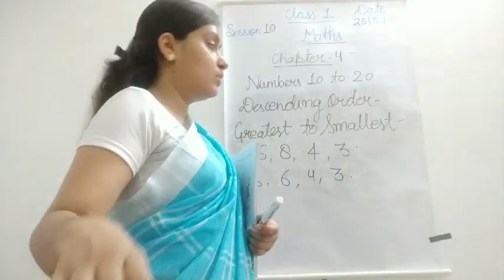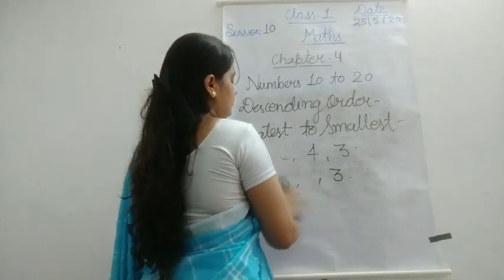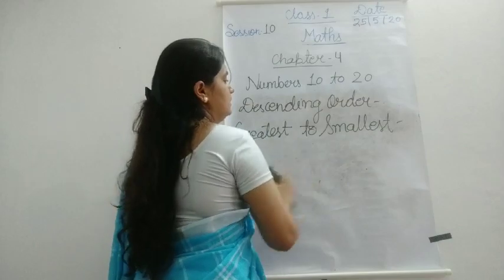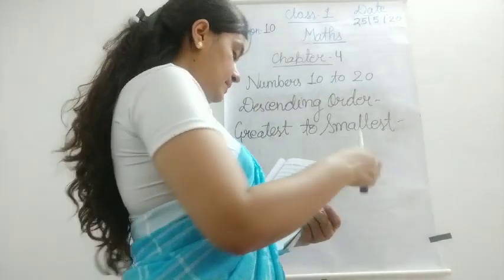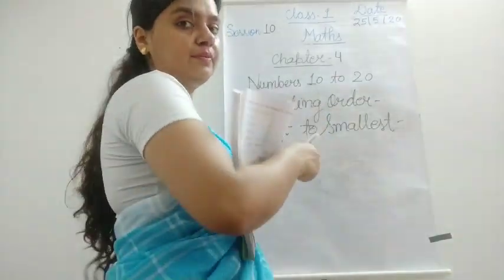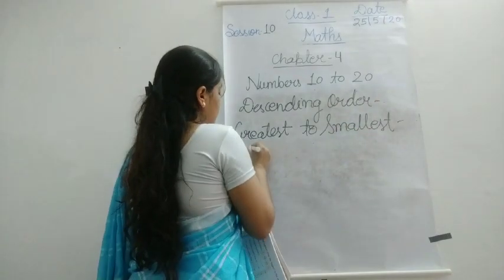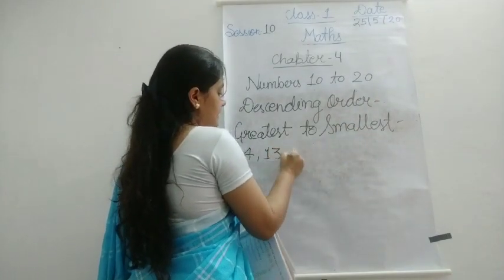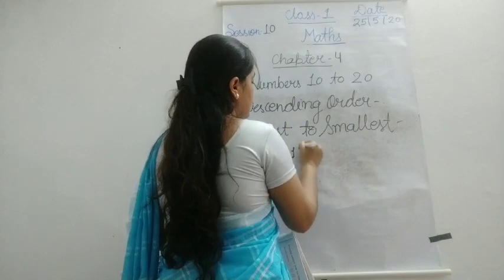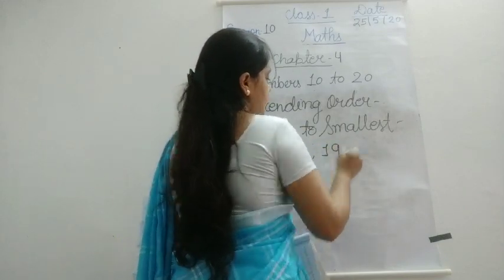Let's take one more example here. In your book: 4, 13, 12 and 19.